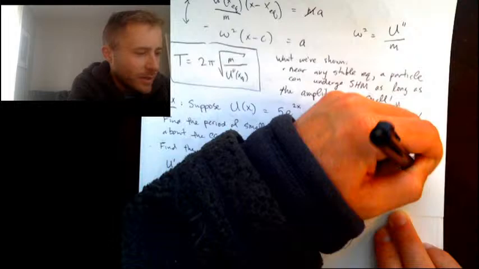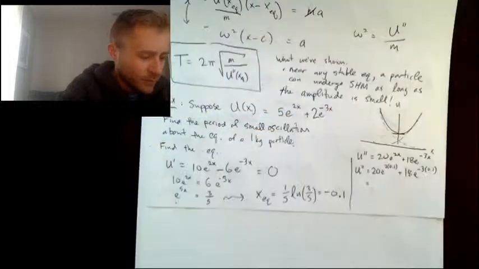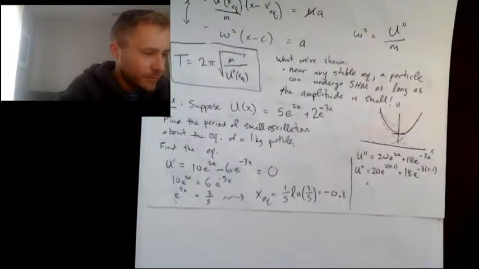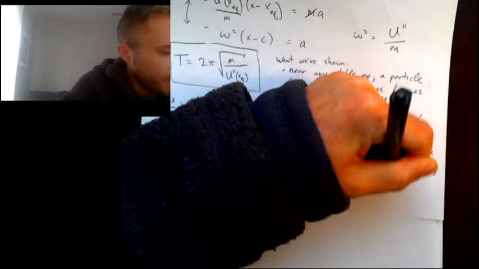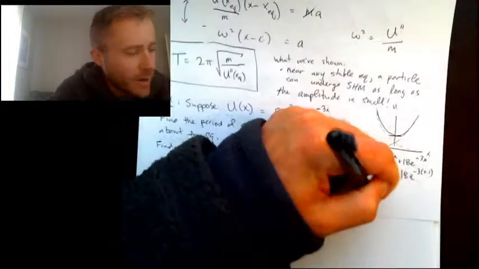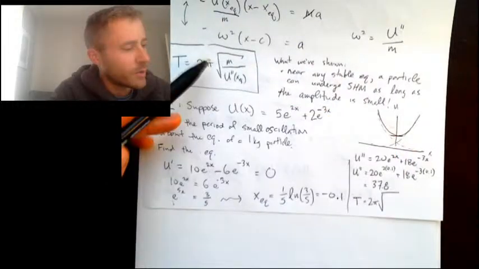And that's going to give me 37.8. Then to get my period, I would do 2 pi square root, and since it's a 1 kilogram particle, I would use this equation here.